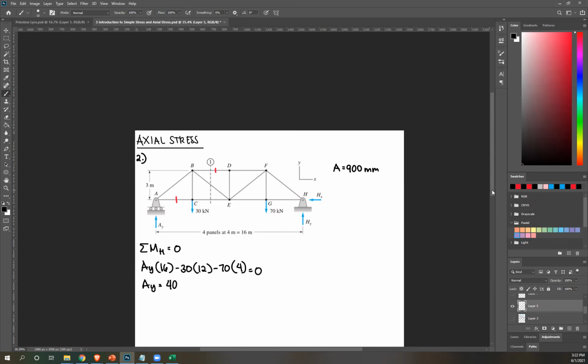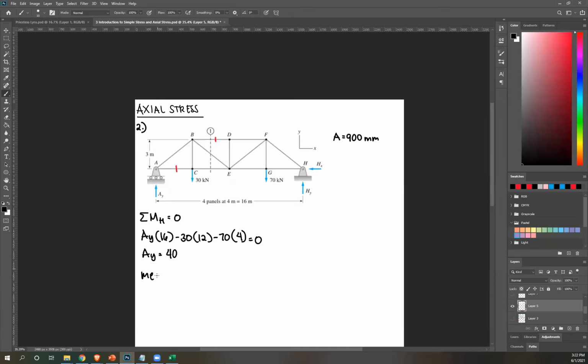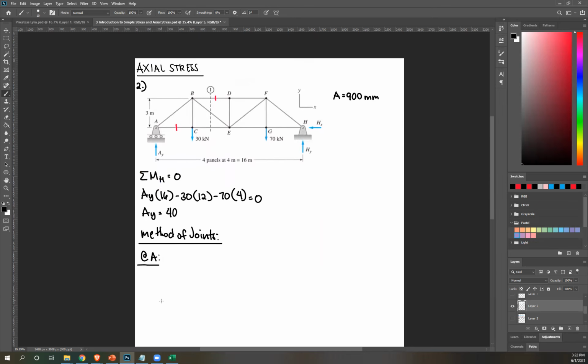So now that I have that, let's do method of joints at A. Okay, we have this, this is 40. That's your AY.